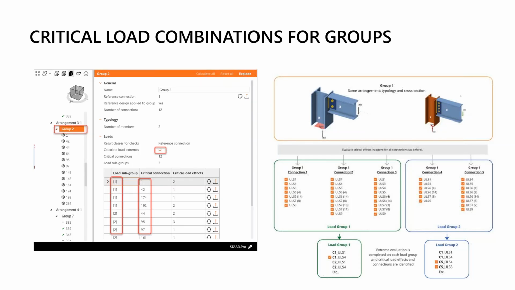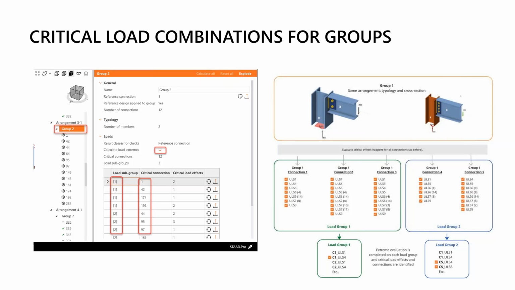So once you click on this checkbox, where you're indicating to calculate the load extremes, now only the critical load effects detected in multiple connections will be calculated. All the other load effects in these groups are disabled.